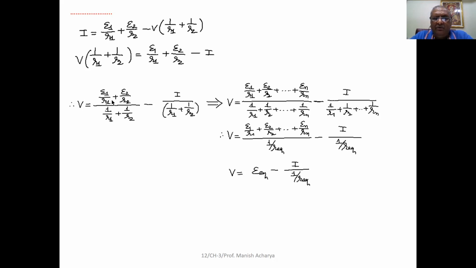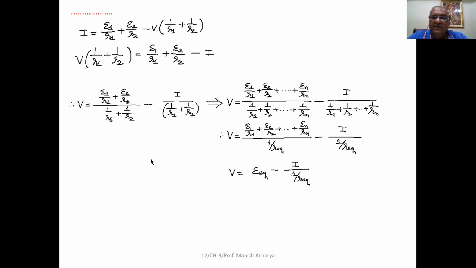So V equal to E1 upon R1 plus E2 upon R2, whole thing divided by 1 upon R1 plus 1 upon R2, minus I upon 1 upon R1 plus 1 upon R2. So this one is the equation for two cells connected in parallel.